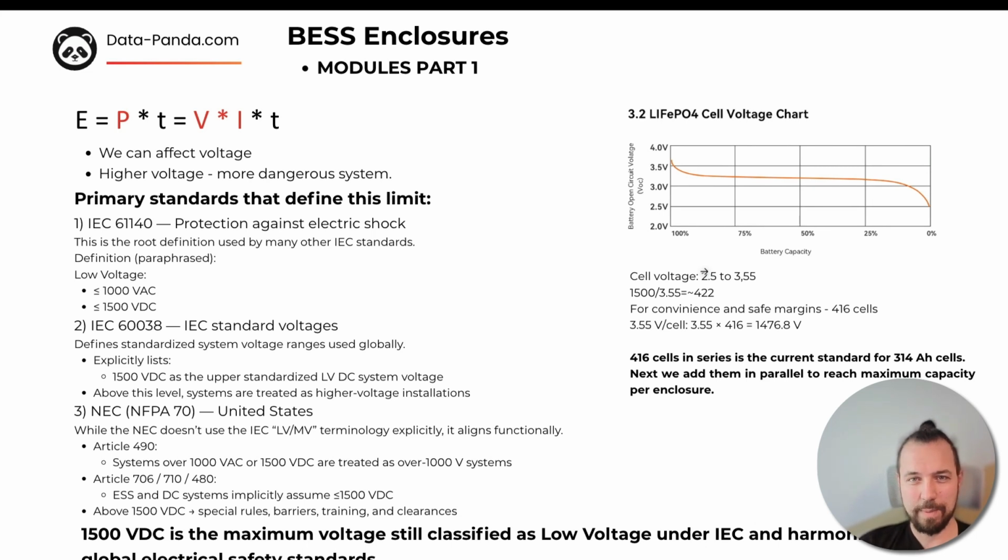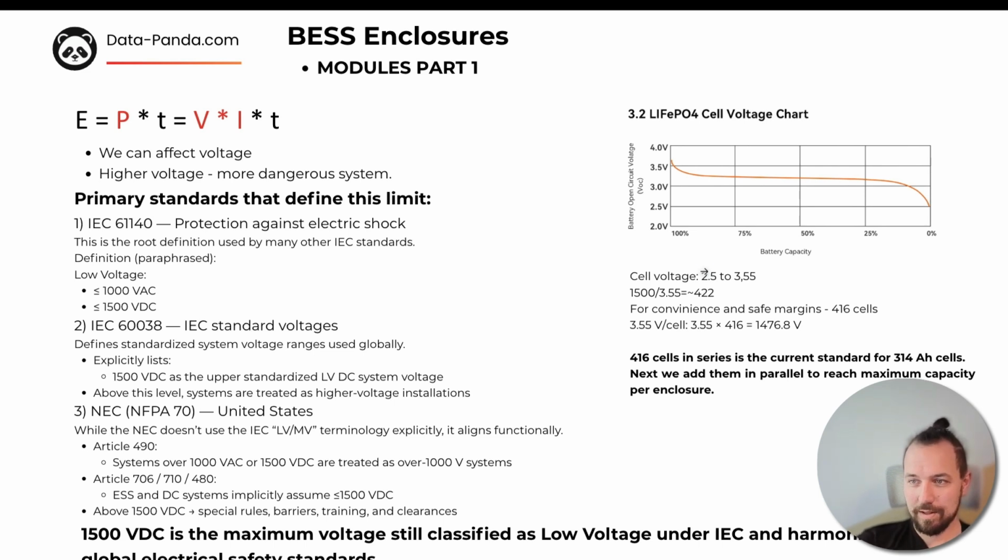So if we take the maximum cell voltage, because standards always care about the worst-case scenario, and divide 1500 by 3.55 volts, we get about 422 cells. We need to keep margins for safety, temperature effects, and tolerances, so the industry typically uses 416 cells in series.